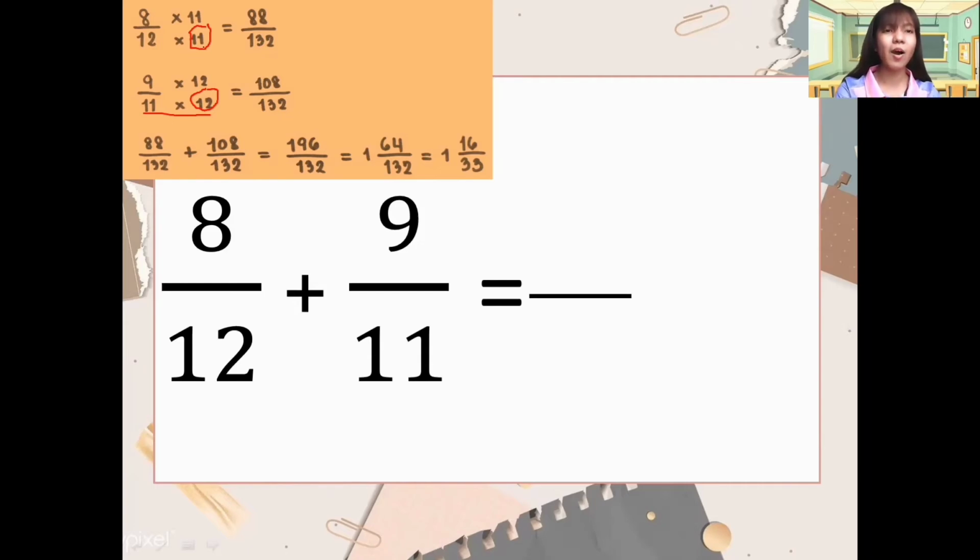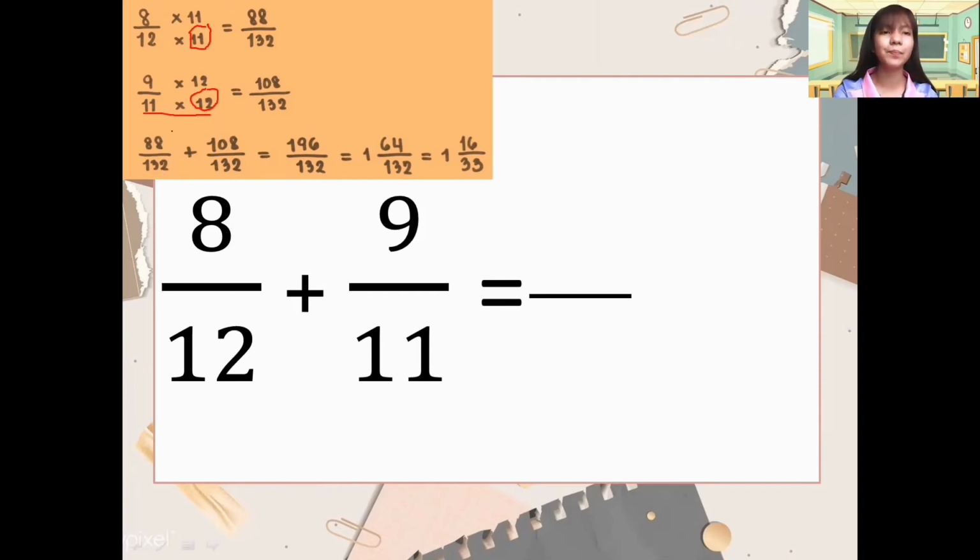So this is how we can make the same denominators, by multiplying 12 to 11 and 11 to 12. So here now we have 88 over 132, okay, plus 108 over 132. Now we have the same denominators, we can now add the numerators.